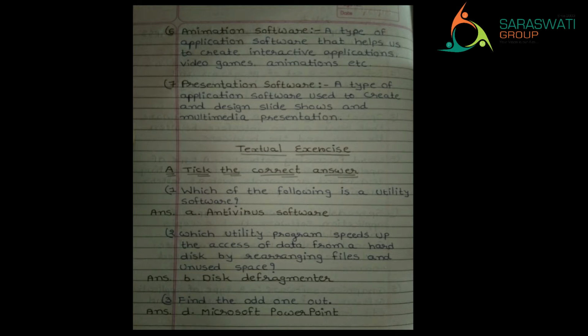If you see, other than Microsoft PowerPoint, they all are specific purpose application software, right? That is, they are used only for one special task. Whereas Microsoft PowerPoint can be used for, yes, general purpose, right? So Microsoft PowerPoint, option D, is the correct answer for the third question. I hope you have understood till here. Let's move on.